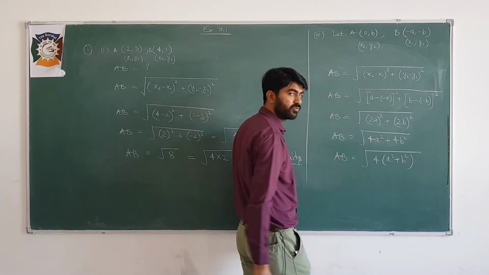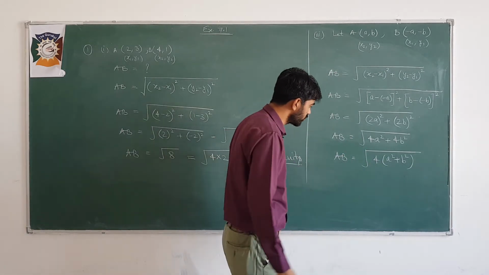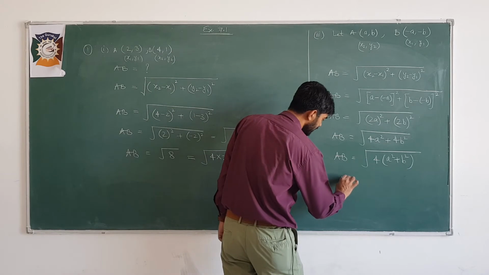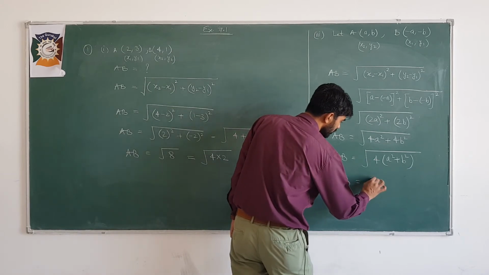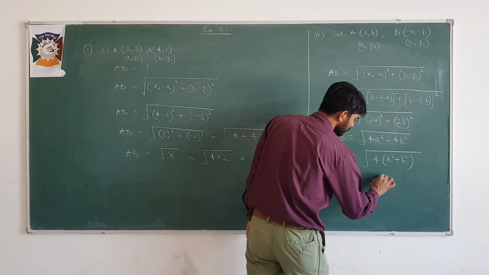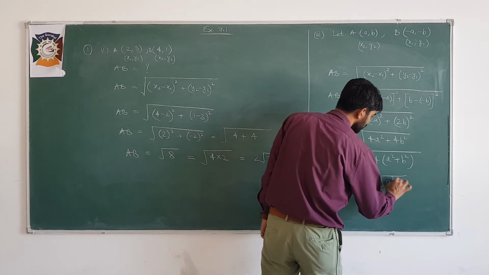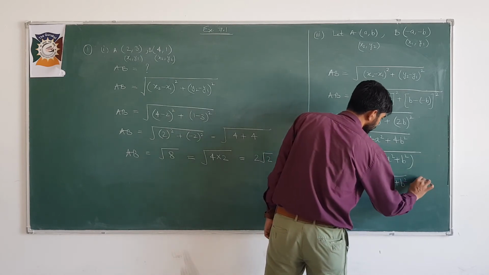So what is the square root of 4? The square root of 4 is 2, so we can write AB is equal to 2 will come out and then root over a square plus b square units.